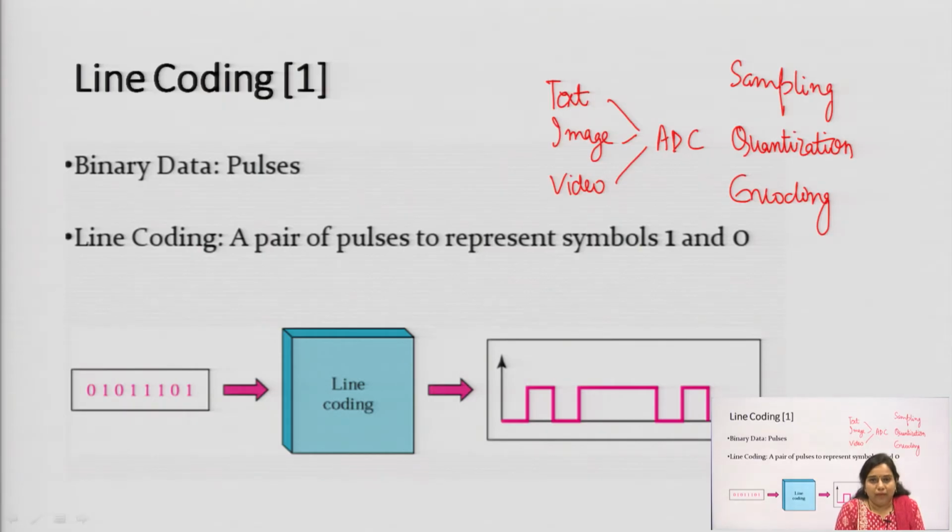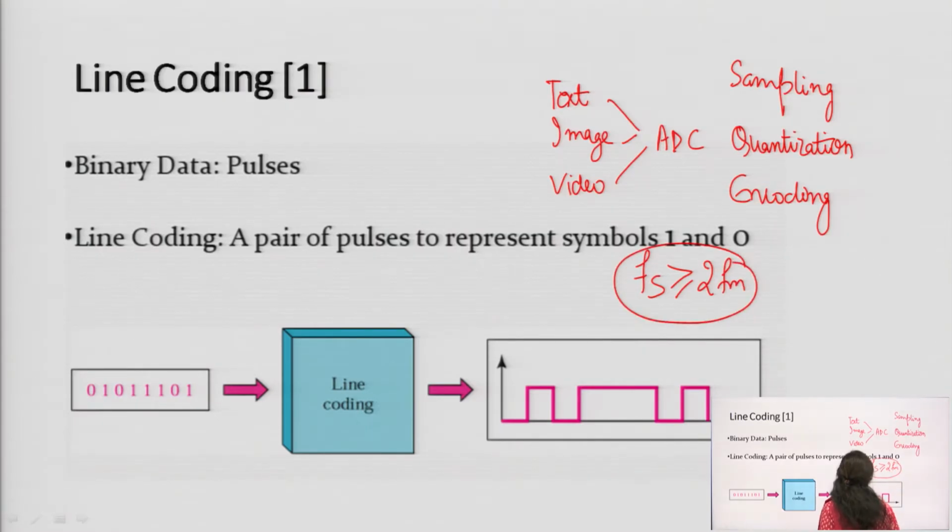In the case of sampling, it converts your analog signal, that is a continuous time, continuous amplitude signal, into a discrete in time, continuous in amplitude signal. The output of the sampler is based on the Nyquist criteria. What is the Nyquist criteria? Fs should be greater than or equal to twice Fm.